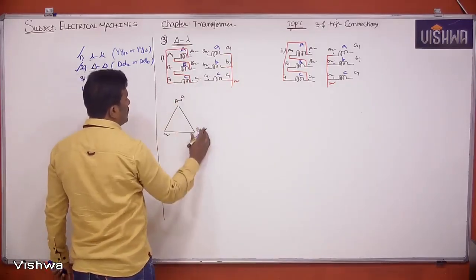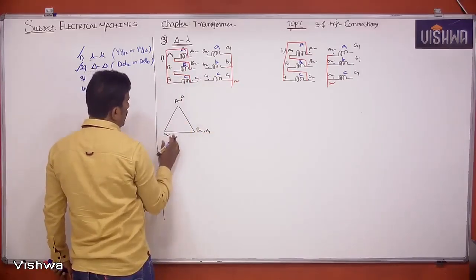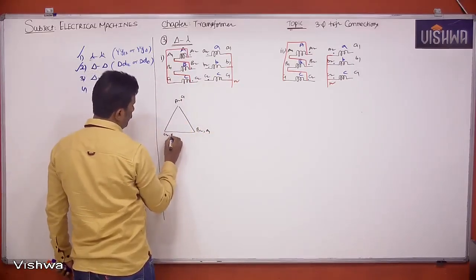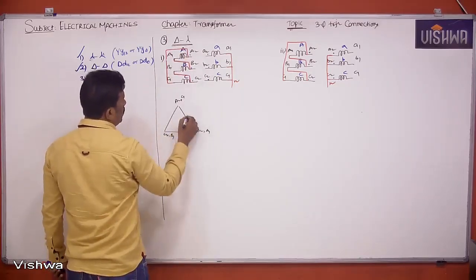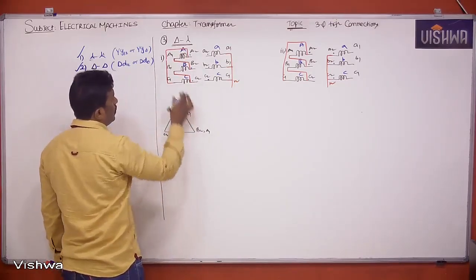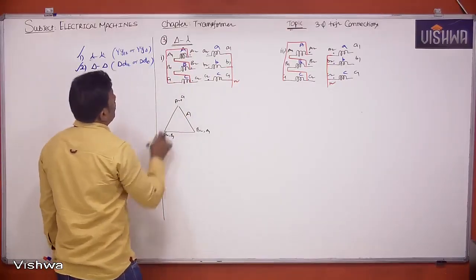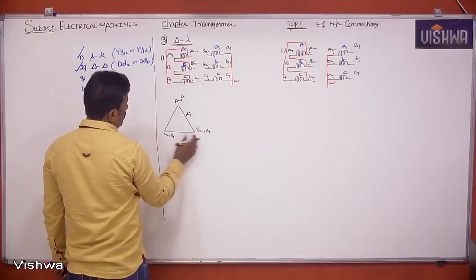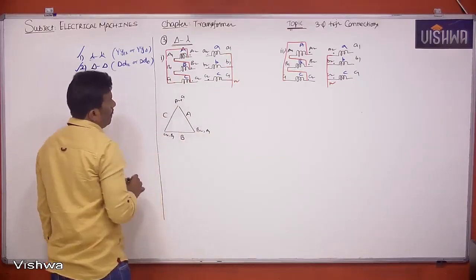B2 means indirectly which vector? A1. C2 means indirectly which vector? B1. Now A1, A2 is nothing but capital A, the vector here. B1, B2 here is capital B. C1, C2 here is capital C.